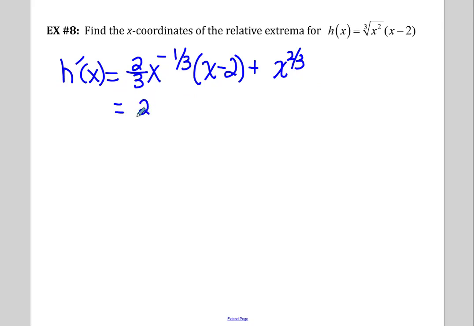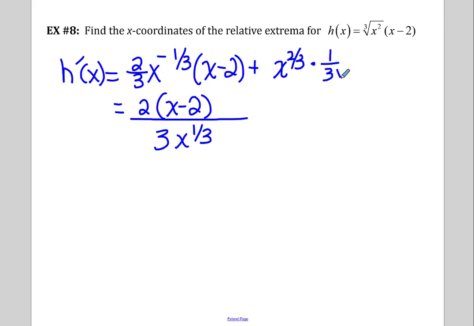So we got 2 over 3x to the 1/3, and this x minus 2, and I need this to have a 1/3 x to the 1/3, so that's going to be a plus 3x, right? To get that common denominator, I need a form of 1.